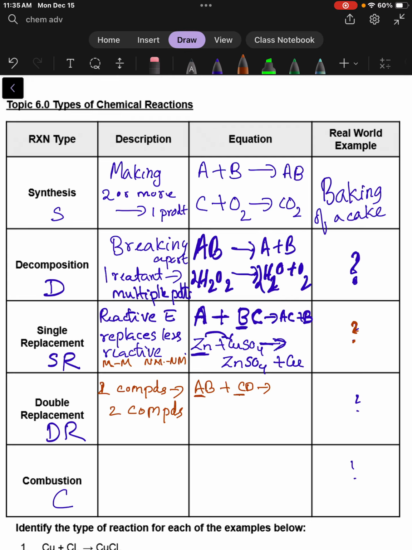A will replace C, so A will now be with D and C will be with B. Example, if you are adding sodium chloride into silver nitrate, silver will go with the chlorine, forming silver chloride, and sodium will go with the nitrate, forming sodium nitrate. It is called a double replacement.